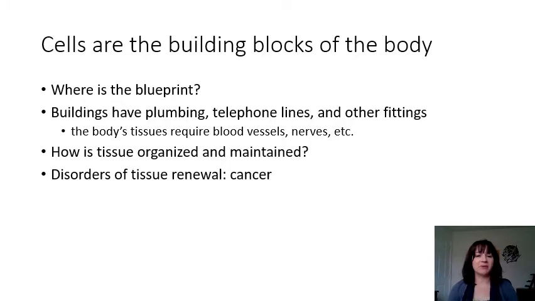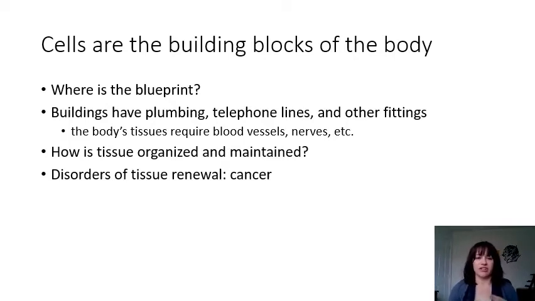So we've talked about cells as the building blocks of the body. Cells make up tissues, tissues make up organs, and all of our organs make up an individual. Just like we have a blueprint for a house or a building, we have a blueprint for the body.